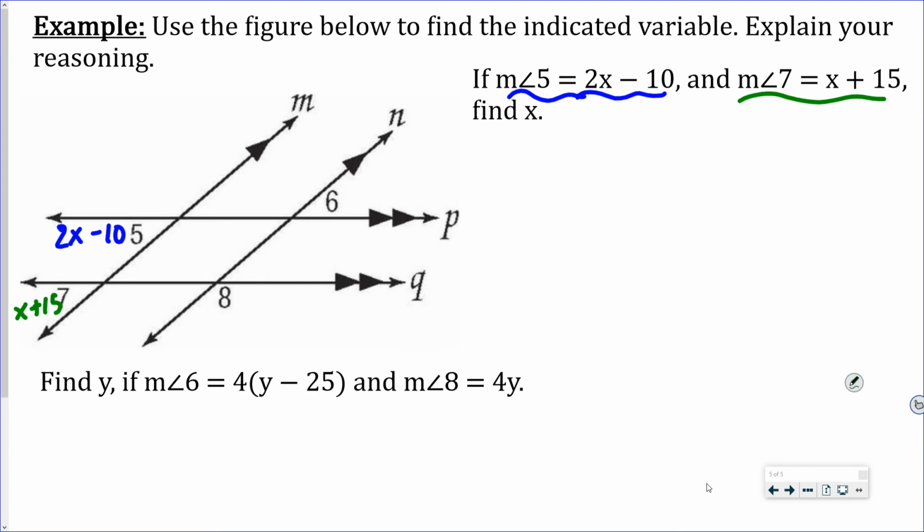All right, looking at these two angles, I see the transversal is M. So these are corresponding angles, meaning what about their measures? Congruent, the same. So 2x minus 10 is the same as x plus 15. Explaining your reasoning by corresponding.